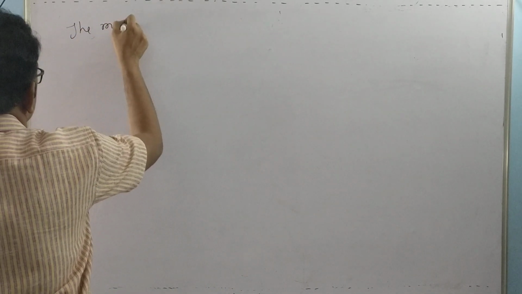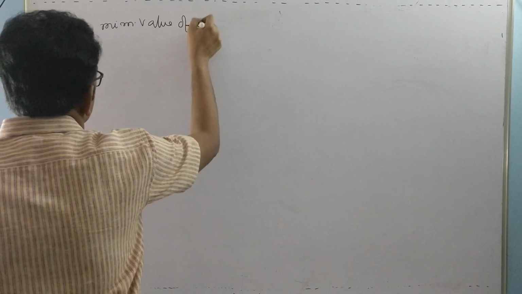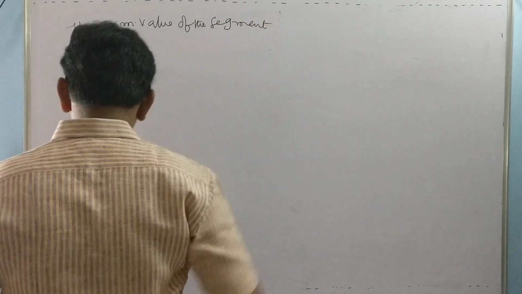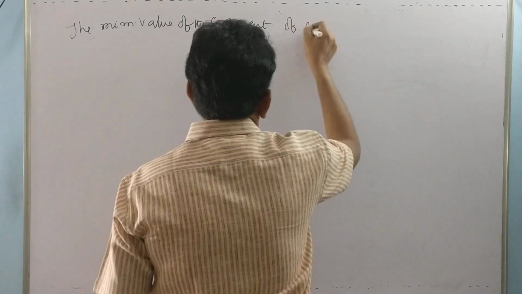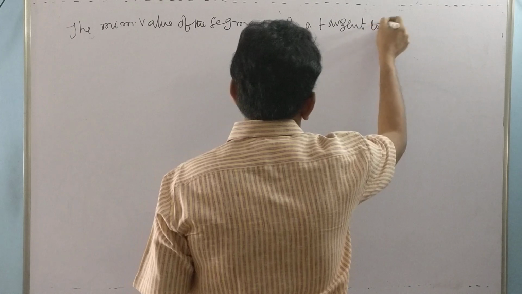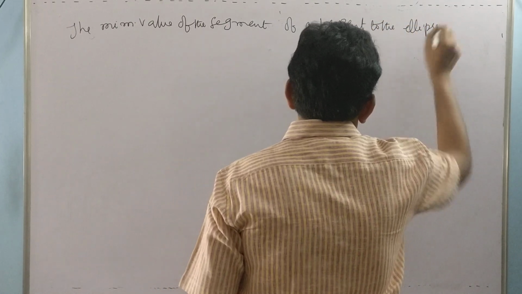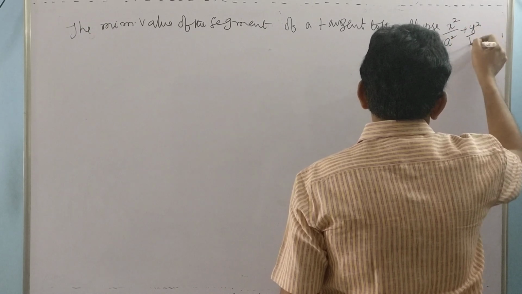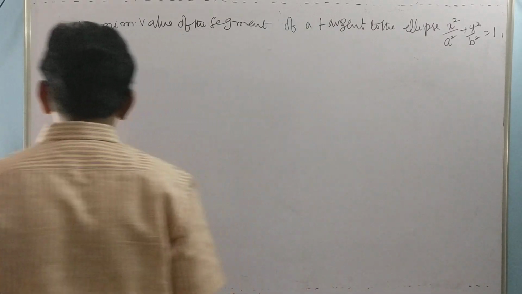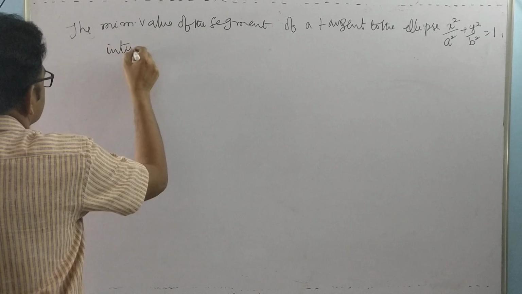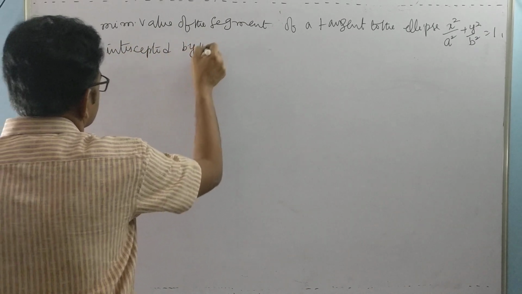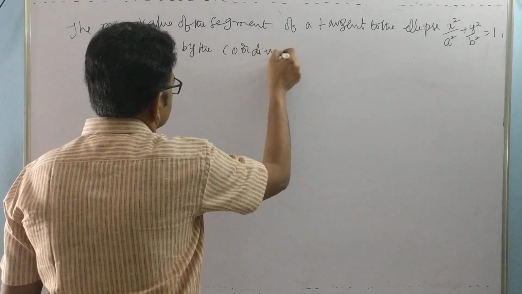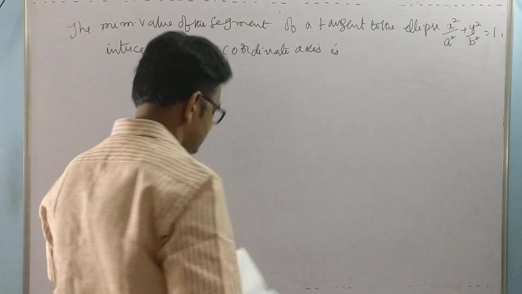Next one, the minimum value of the segment of a tangent to the ellipse x square by a square plus y square by b square is equal to 1, intercepted by the coordinate axes is.